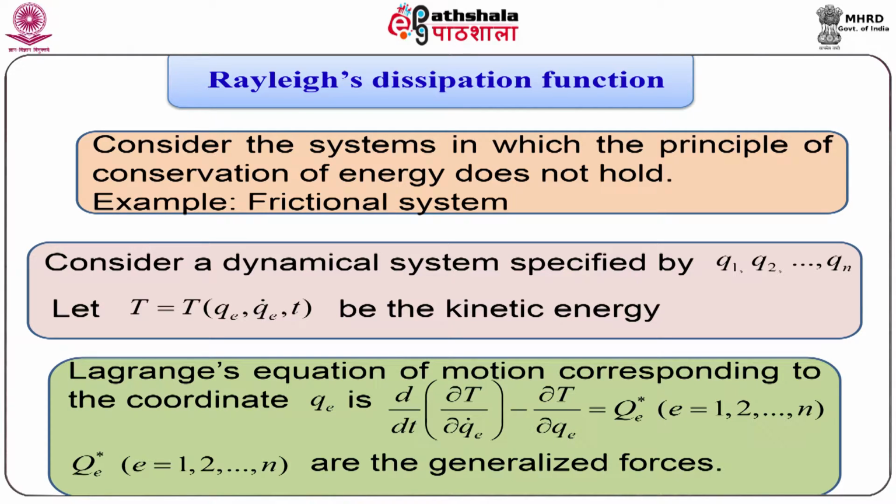Here ∂T/∂qe is the first order partial derivative of kinetic energy T with respect to generalized coordinate qe. Qe dot is the generalized velocity. Qe star is the generalized force associated with the generalized coordinate qe.